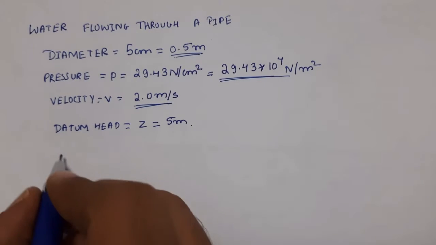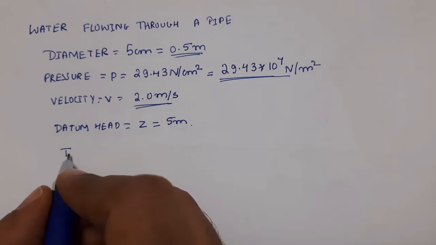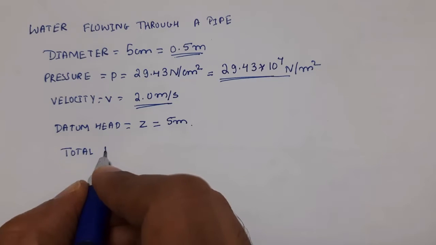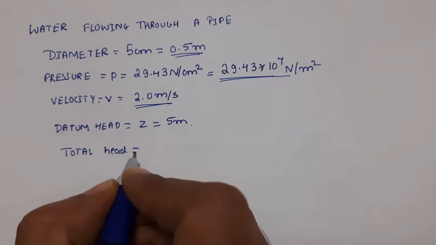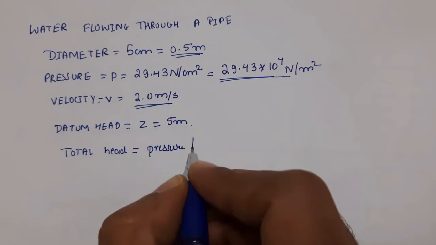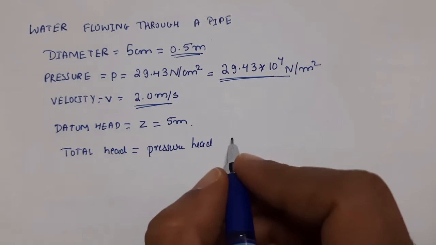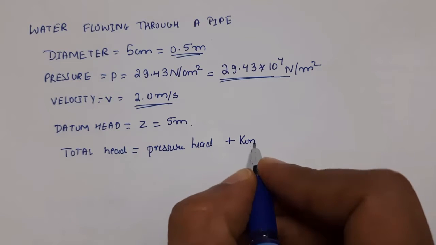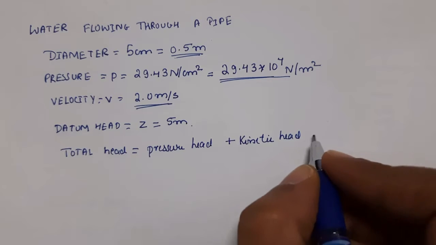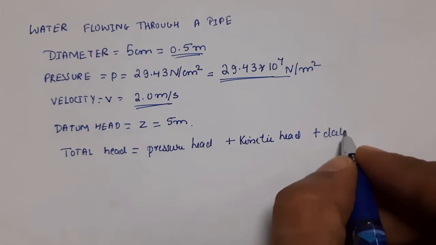Okay, now to find out the total head or the total energy, total head we call it, is equal to the pressure head plus kinetic head plus Datum head.